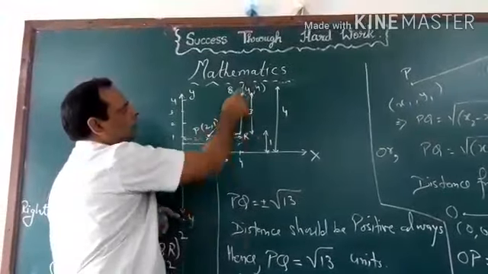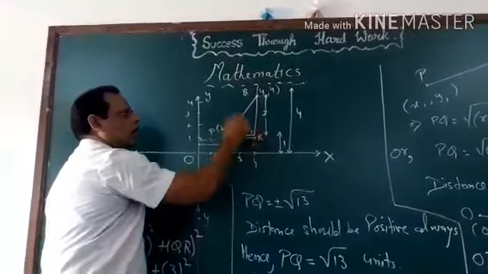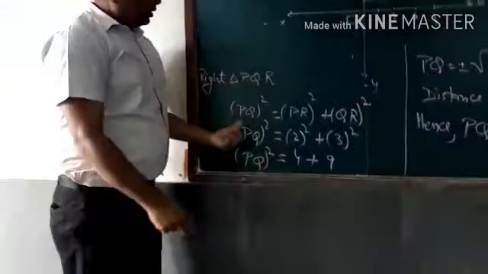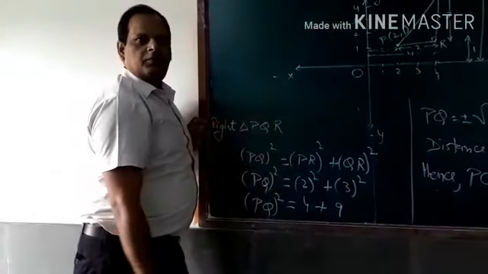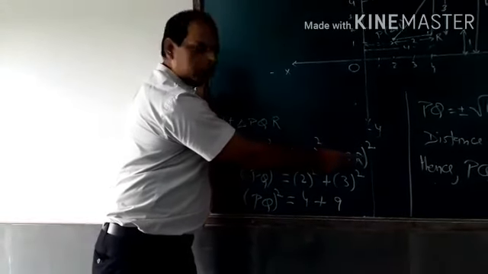Now we see this one is our right triangle PQR, with the right angle at R. So we apply here the Pythagoras theorem. The hypotenuse is PQ, so PQ square equals PR square plus QR square.